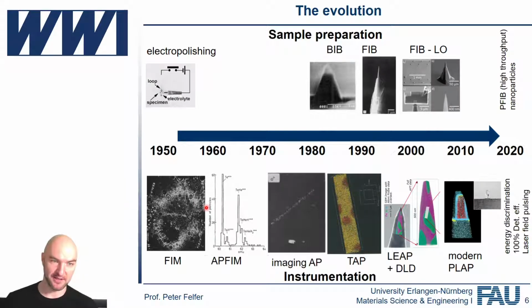Especially in the group in Berlin in the 1930s. And one of the ideas by a chap named Erwin Müller, whose name you'll hopefully all know, was to use high fields to image atoms on surfaces.